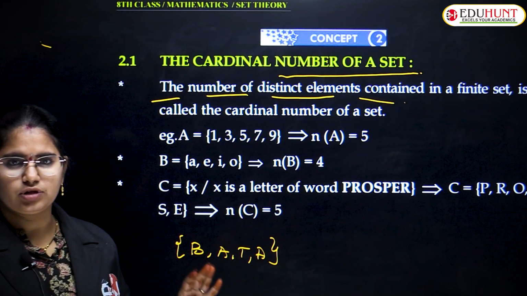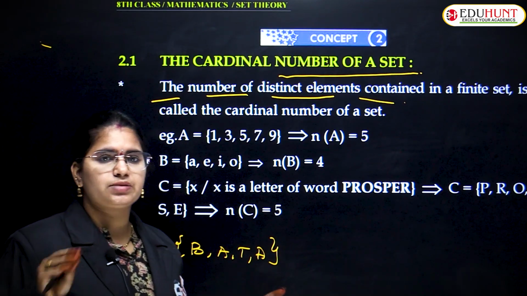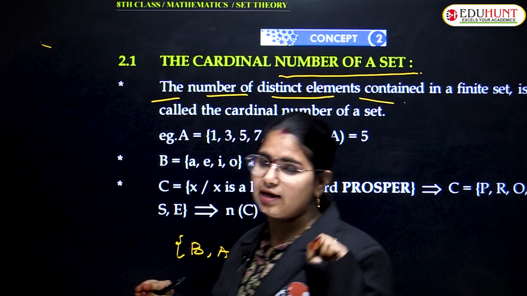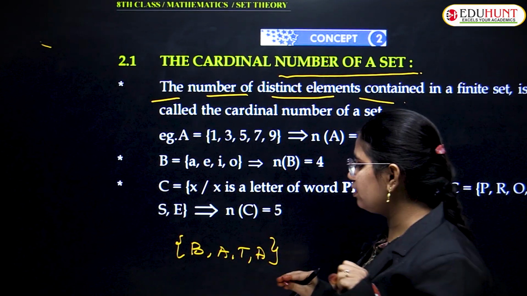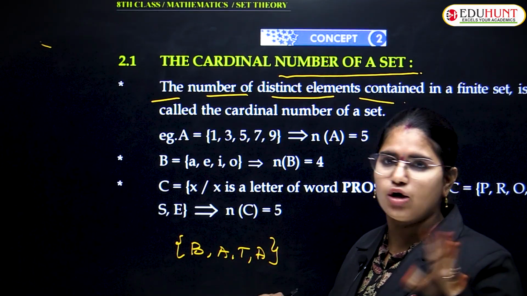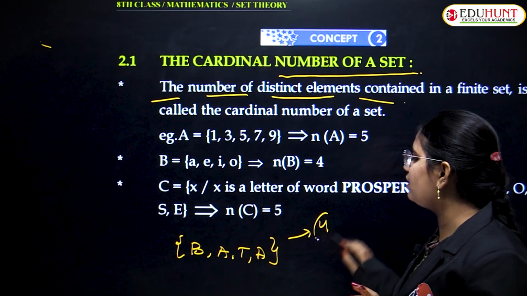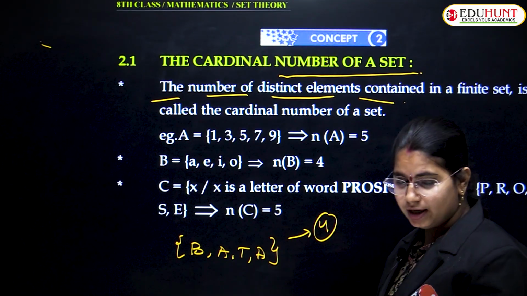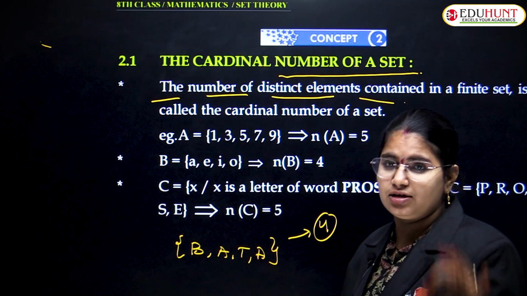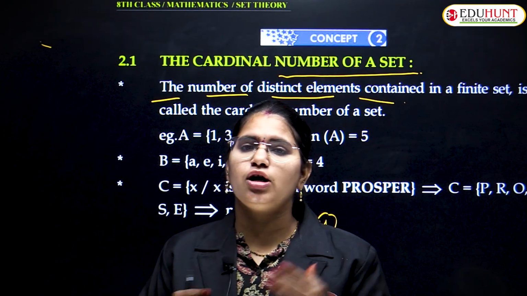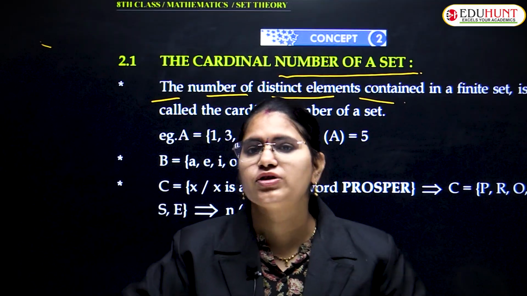Actually 4, correct. But when you are expressing cardinality, repetition of an element is not allowed. So, actually you have to say it is 4 elements, 1, 2, 3, 4, but it should be distinct. Distinct elements should exist when you are counting the cardinality of a set.